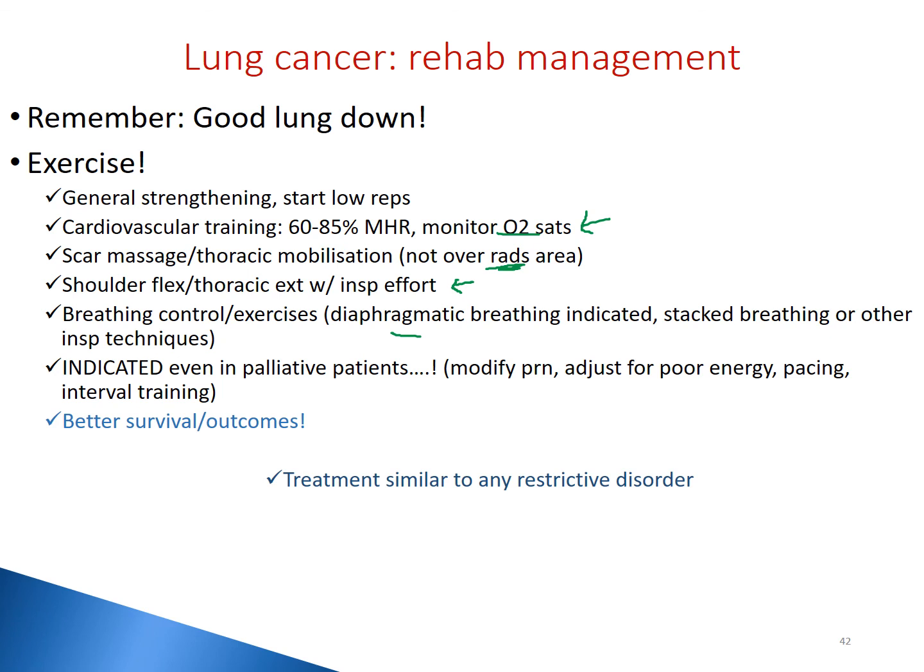And just to say that exercise, general strengthening, and cardiovascular training are indicated even in palliative patients. There are a couple of interesting studies: patients with prostate cancer who were exercising regularly actually lived about twice as long, even in the palliative group. So, that's that.